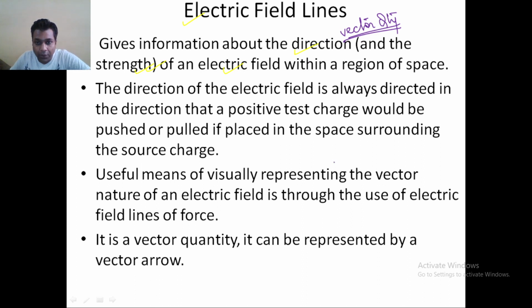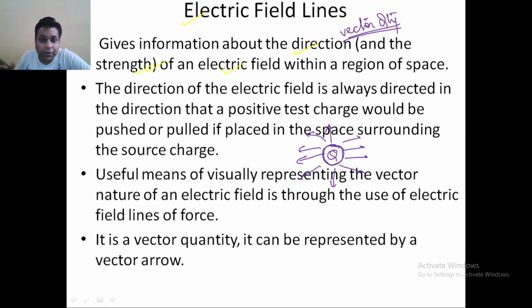Now if you place a positive charge q here, what will be the nature of the influence of this positive charge in the surroundings? To understand that, we need the concept of electric field lines.